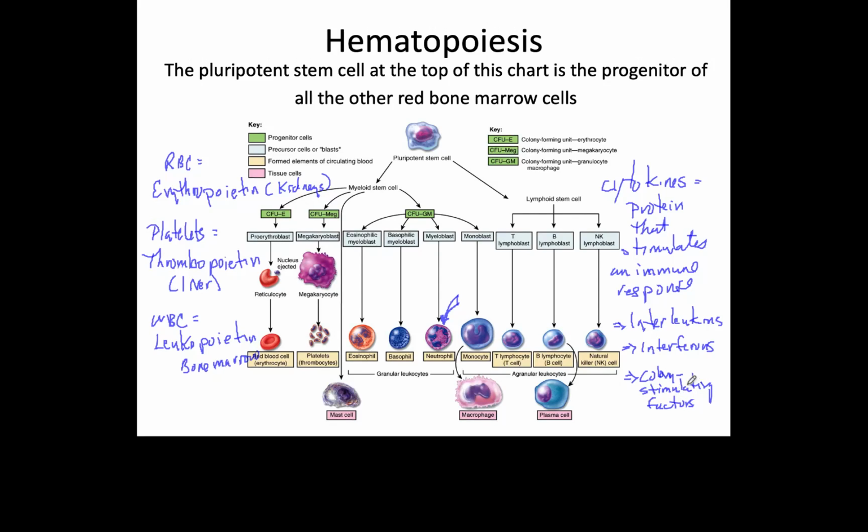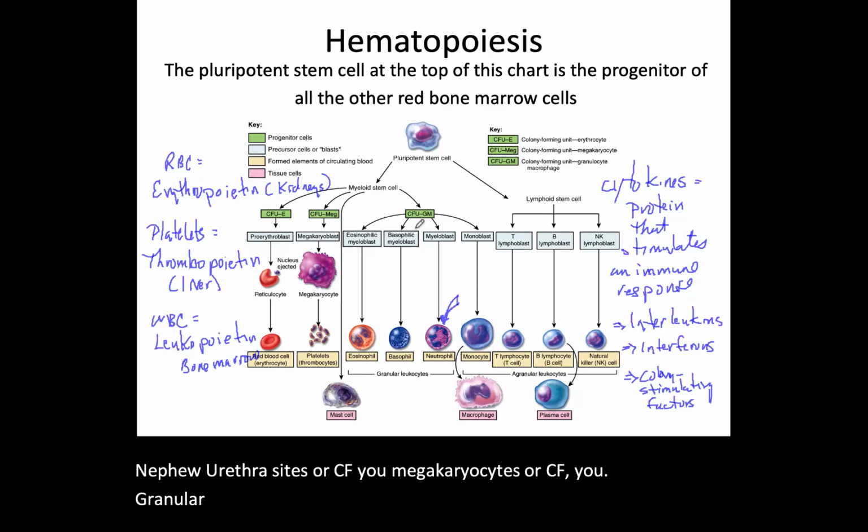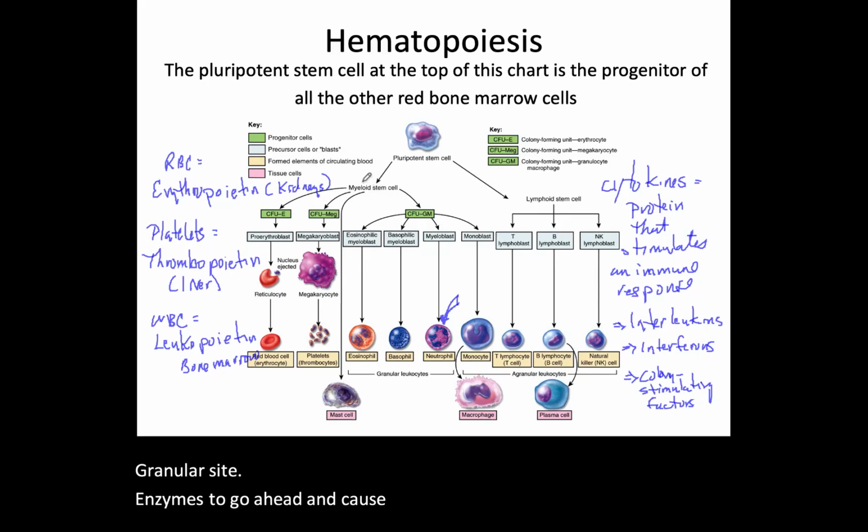And so neutrophils can specifically secrete CFU erythrocytes or CFU megakaryocytes or CFU granulocyte enzymes to go ahead and cause that differentiation of those myeloid stem cells.